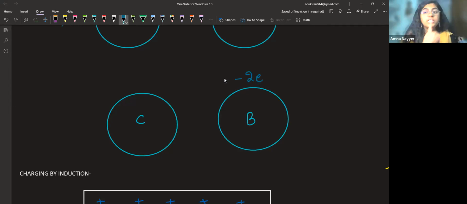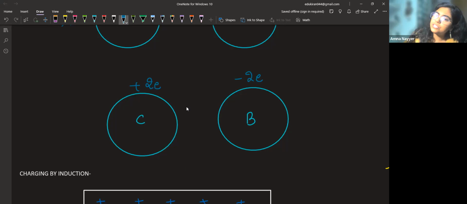C was initially uncharged, but is it directly coming in contact with B? No. First, C is made in contact with A, where the charge distribution occurred. So now C, instead of having zero charge, is having plus 2E. Now, this is also not the final charge because B and C are made in contact with each other.